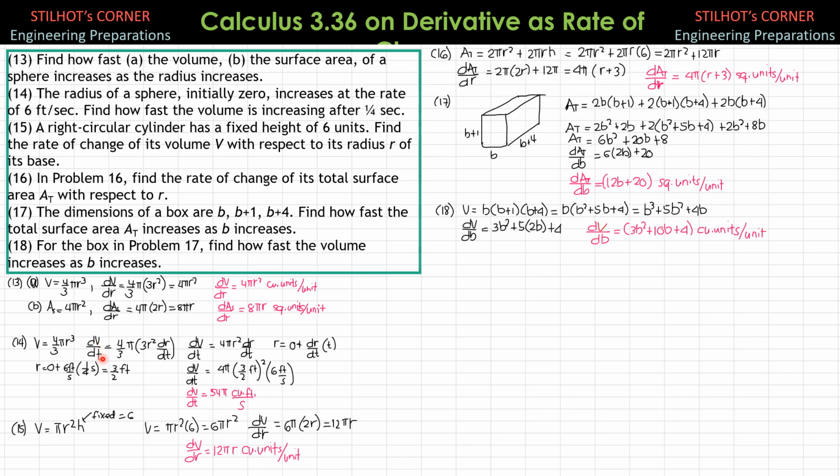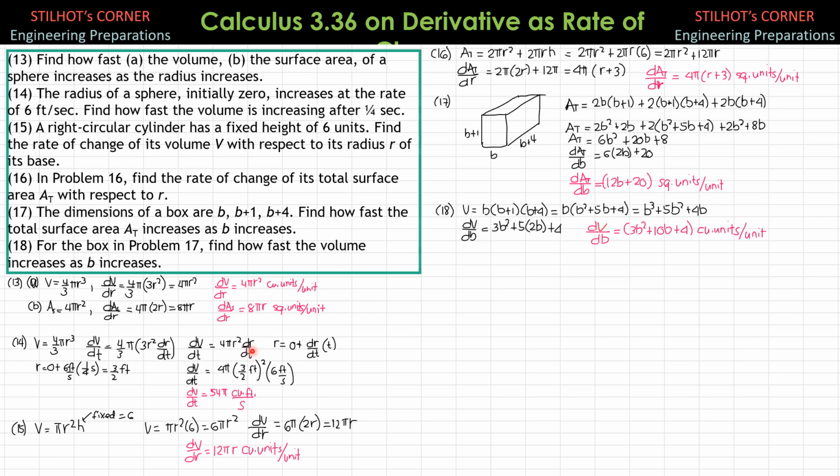So dV/dt is 4 thirds pi times derivative of r cubed with respect to time, which is 3r squared dr/dt, times the derivative of radius with respect to time. So that's why we still have dr/dt here, because the variable here is the time, not the radius. So simplifying, dV/dt, cancel out 3, so 4 pi r squared dr/dt.